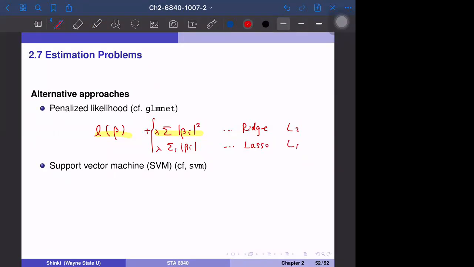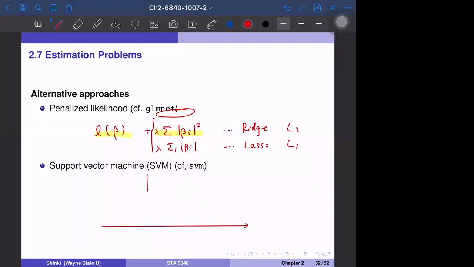And actually, bias reduction logistic regression is also almost the same as putting some function into the likelihood function to make beta shrink to 0, so beta is smaller than the MLE. Another method is the support vector machine.